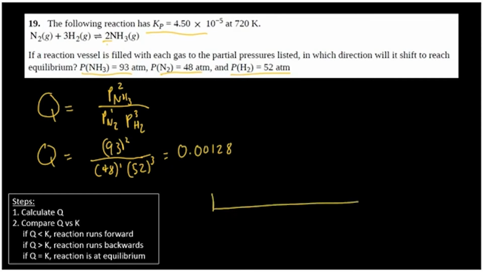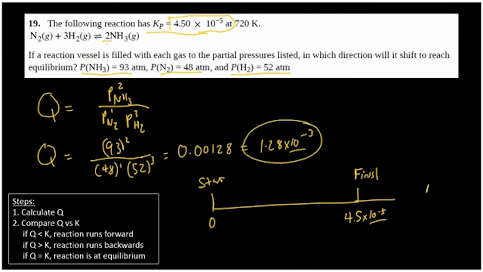Again, thinking about our start and finish line, here our start is 0, and our finish is 4.5 times 10 to the negative 5. Pretty small number. This, by the way, is 1.28 times 10 to the minus 3. So then minus 5 means this has been divided by 10 5 times. This has been divided by 10 3 times. So this is a much bigger number. It's like way out here.